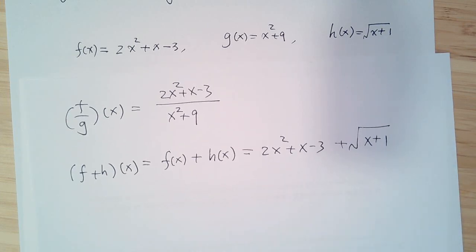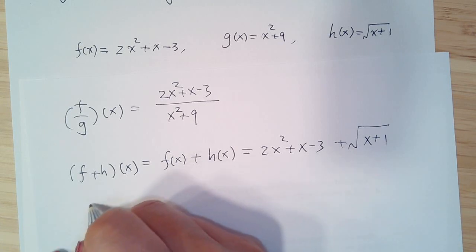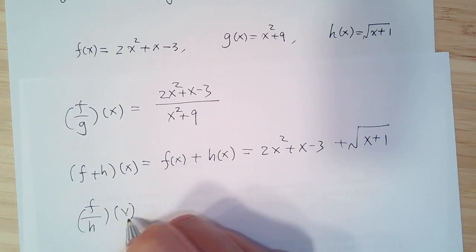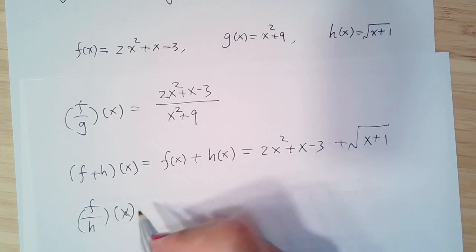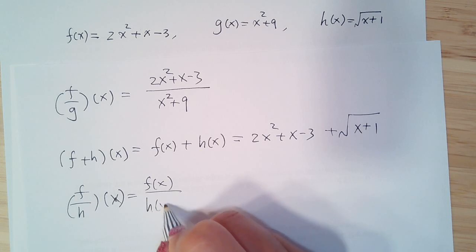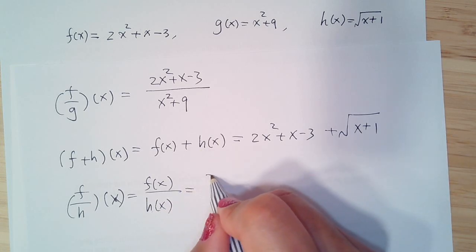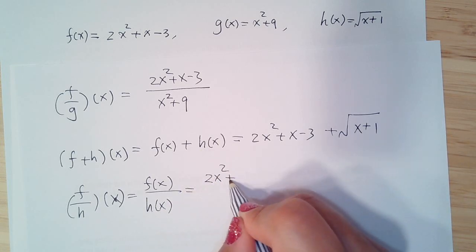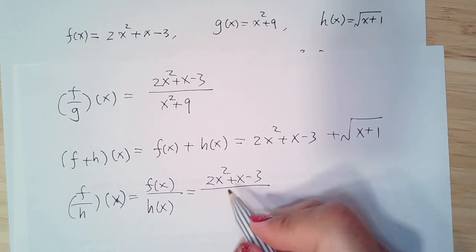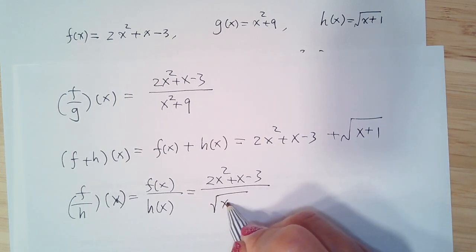Last one, f over h. By definition, there will be f of x over h of x. And f of x is 2x squared plus x minus 3, divided by h, which is the square root of x plus 1.